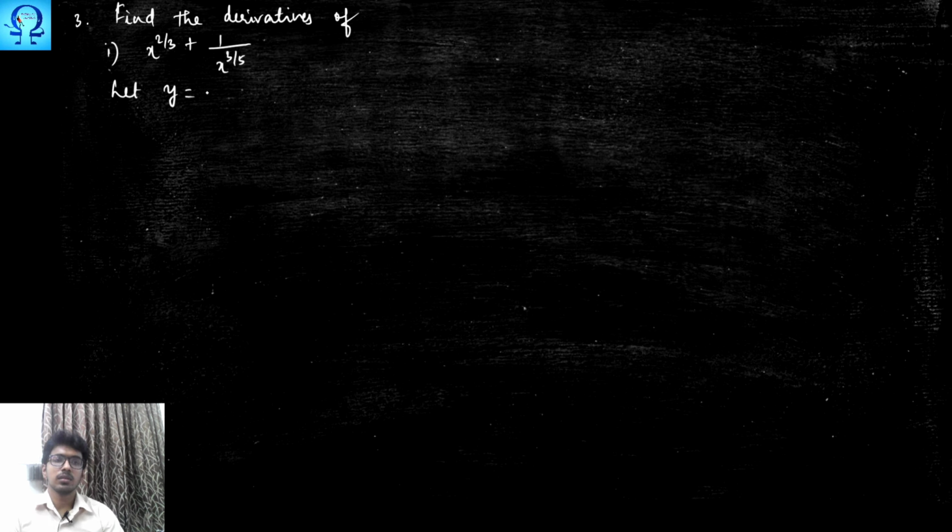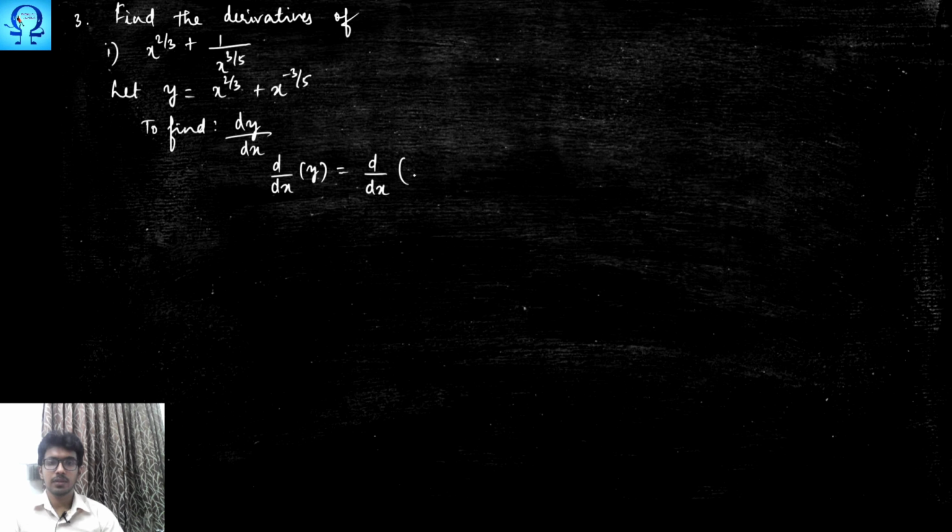Here this may be taken as x^(2/3) plus x^(-3/5). Now we need to find dy/dx, right? So d/dx of y, that is the given function, is d/dx of x^(2/3) plus x^(-3/5).